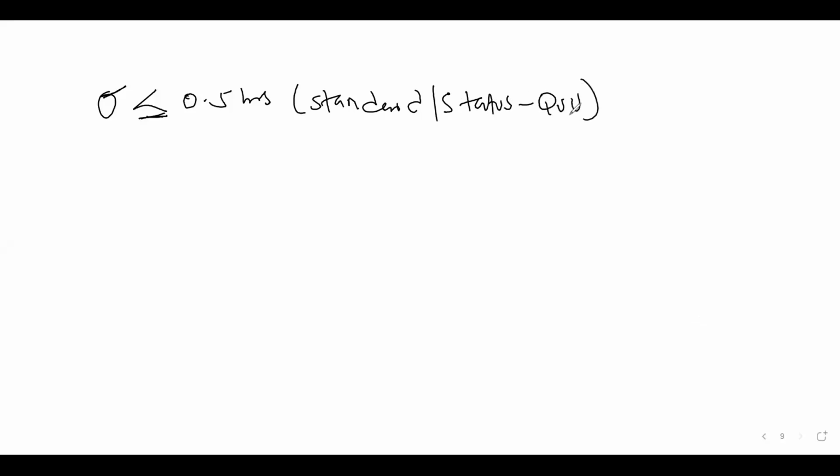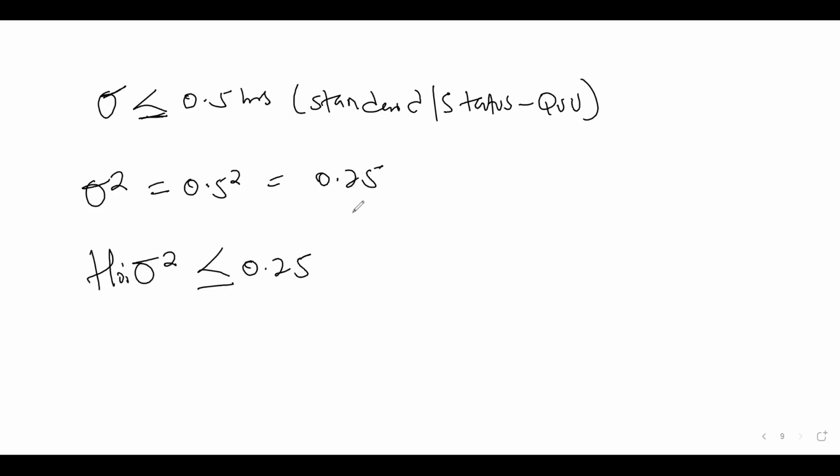All right. So remember, we are testing hypotheses about variance, not standard deviation. So we have to convert the standard deviation into variance. Variance is standard deviation squared, and that is 0.5 squared, and that is 0.25, all right? So our standard says that the variance, so we've now converted to variance, the null hypothesis means that our variance should not exceed 0.25 because it's a status quo.